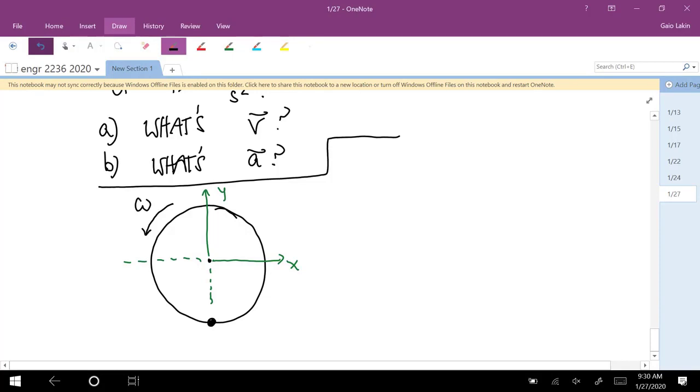And it's slowing down, which means that the angular acceleration has to be clockwise. They have to be opposite. Those are not vectors, actually. I mean, omega and alpha are vectors, but we're going to have to come up with the components. But those are just sort of describing them as a circular path. The vector is just an arrow, either out of the board or into the board.